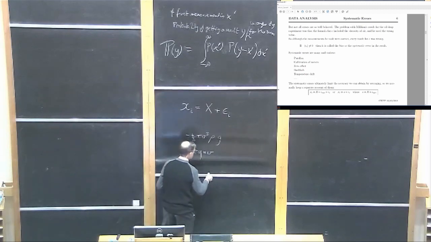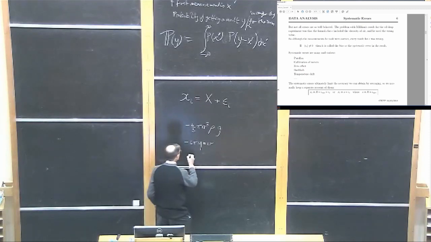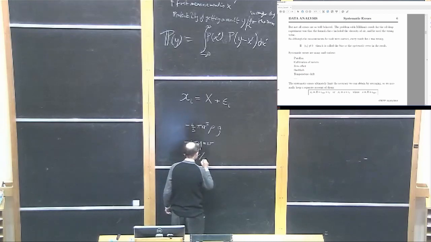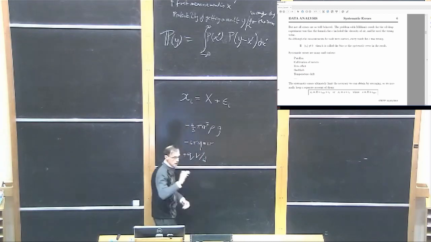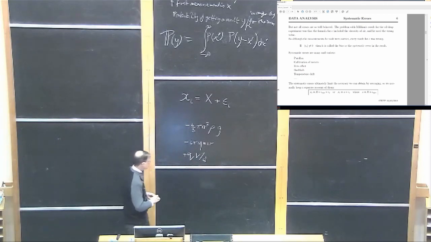And there's the electric force, which is the electric field times the charge on the drop. That is QV over D, where V is the voltage that you're applying to the plates of the capacitor, and D is the separation between them.